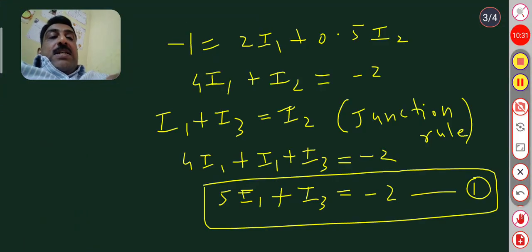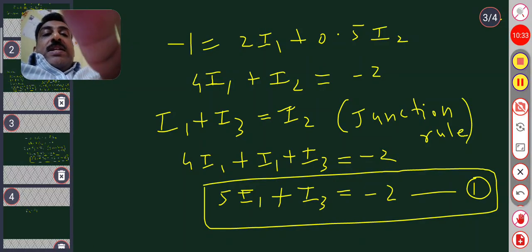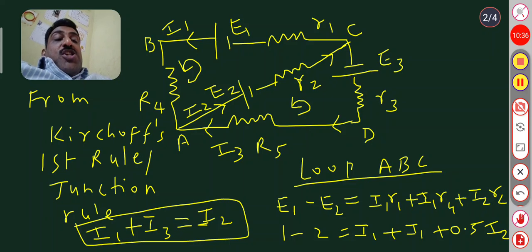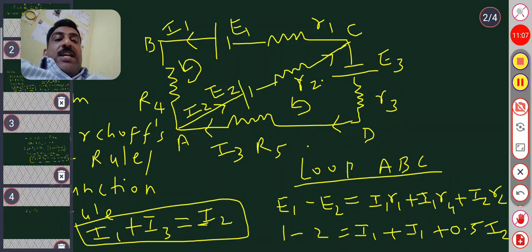Then what is the direction of potential drops? In R2, current is not in my direction, it is in the opposite direction. R5 also, it is opposite to my direction. R3 also, it is opposite to my direction. So minus I2 R2. Our direction is anti-clockwise, and the current is flowing opposite to my direction. So in all these, R2, R5 and R3, the potential drops will be minus.